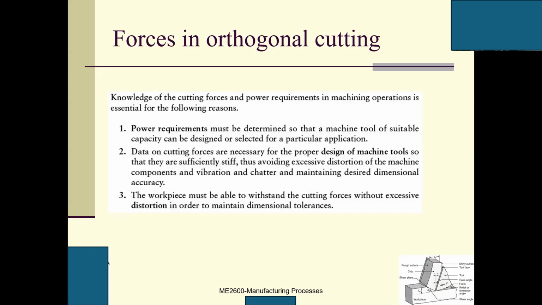However, if the system is not stable enough, what will happen? This system will be vibrating. If this vibrates, because your workpiece is mounted on the machine tool, even though your tool is very stable, it can adversely affect the dimensional accuracy, right? Is that understandable?